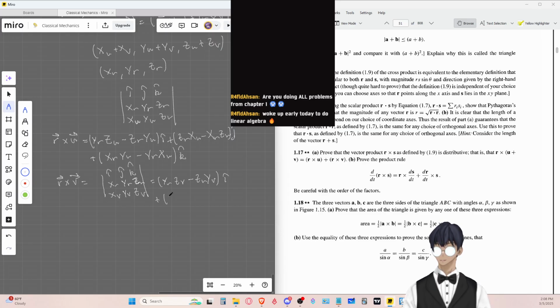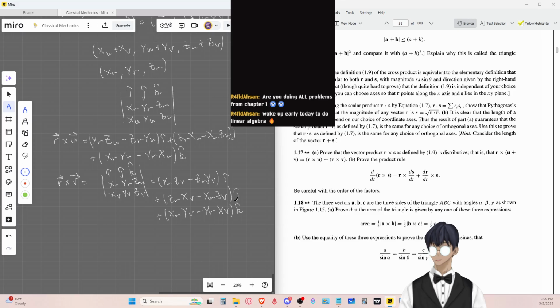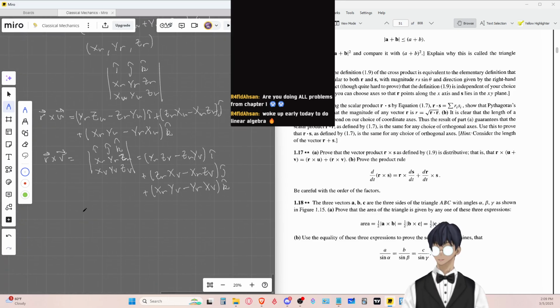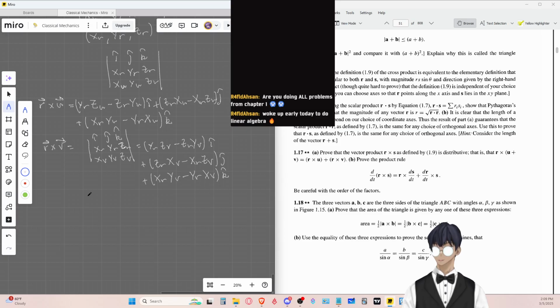Plus the component times v minus x... written that down... this together.